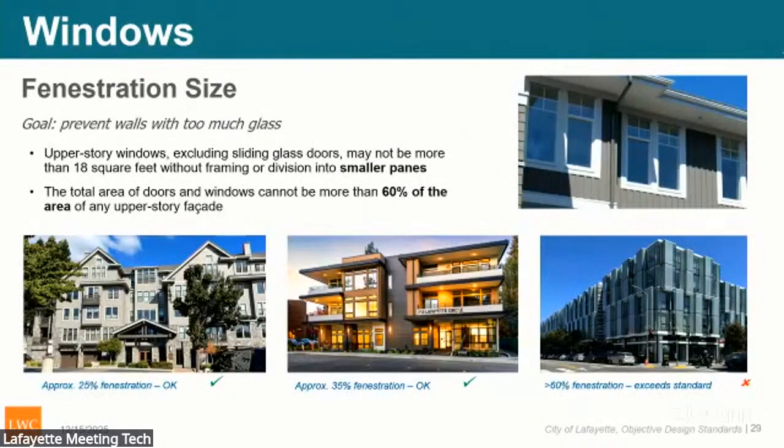We looked at windows and worked to determine what's the threshold for amount of fenestration and for window size to really be reflective of what we understand is the character of Lafayette. And we tested out a few buildings to figure out the percentage of fenestration and use that to develop the standard that's in the draft.